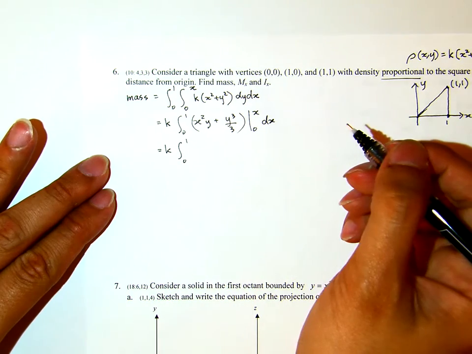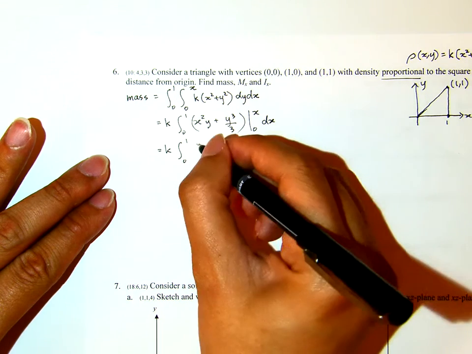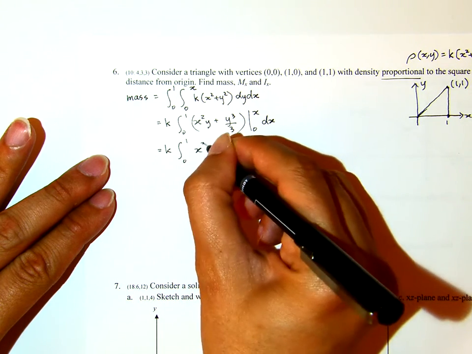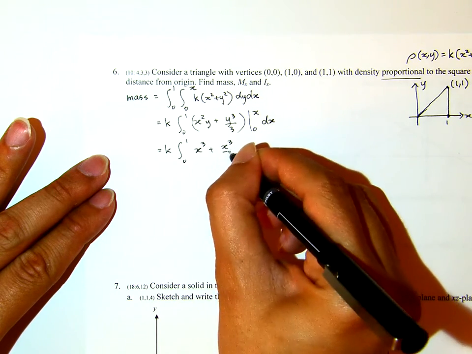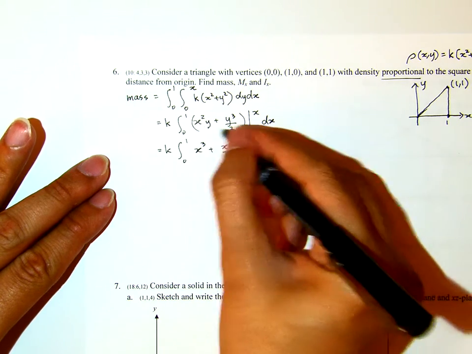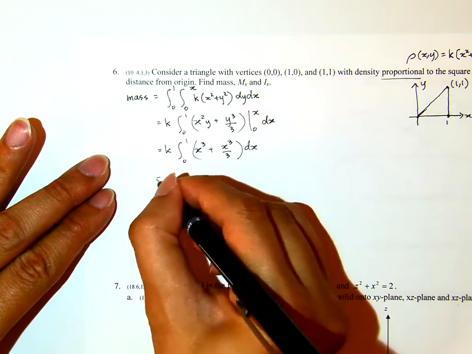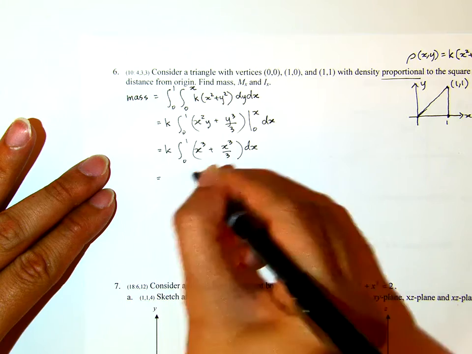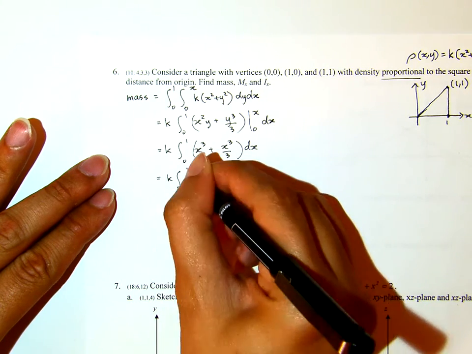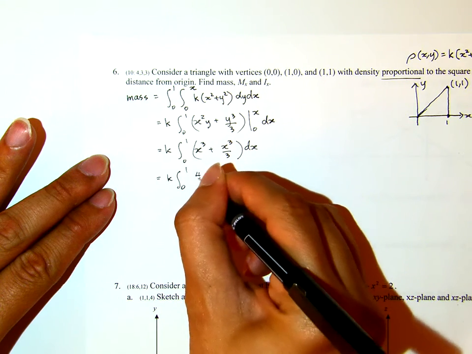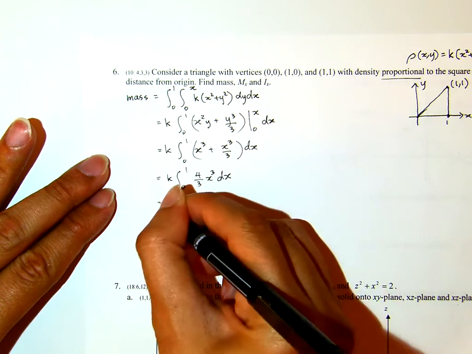I replace the y by x, I get x cubed plus x cubed over 3, and when y equals 0, it becomes 0, dx. If I combine like terms, I will get 4 over 3 x cubed dx, right?